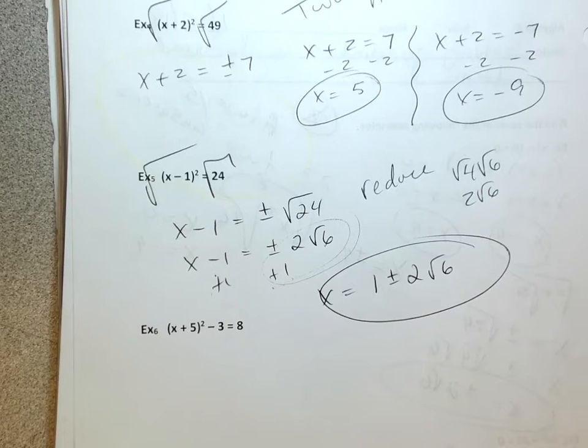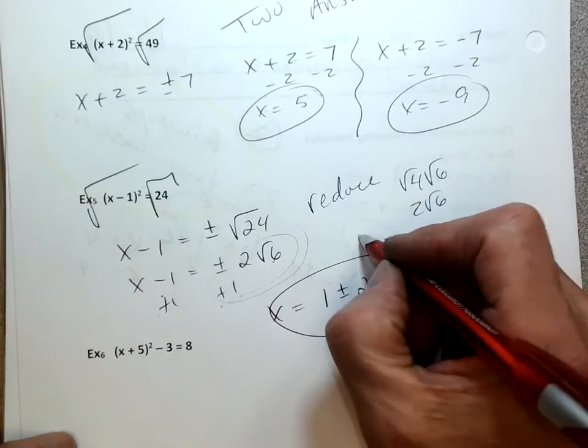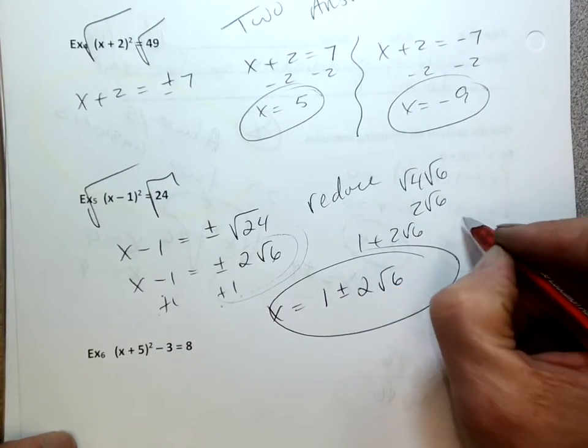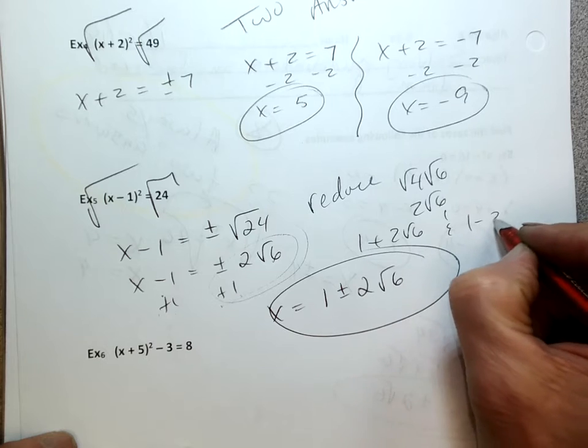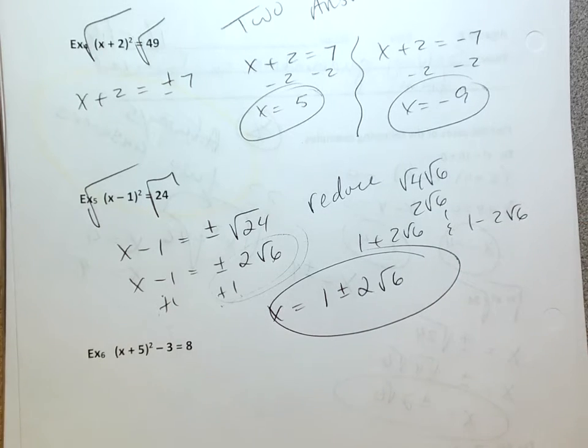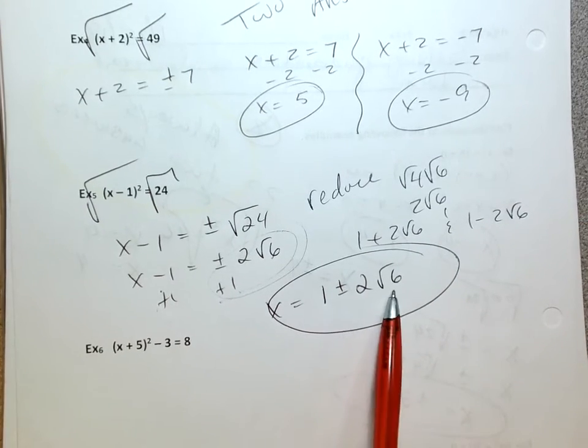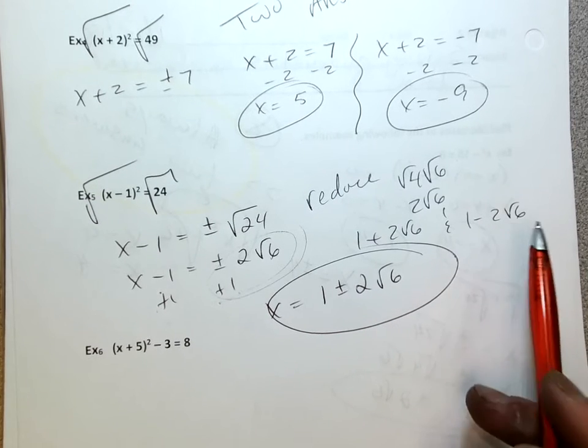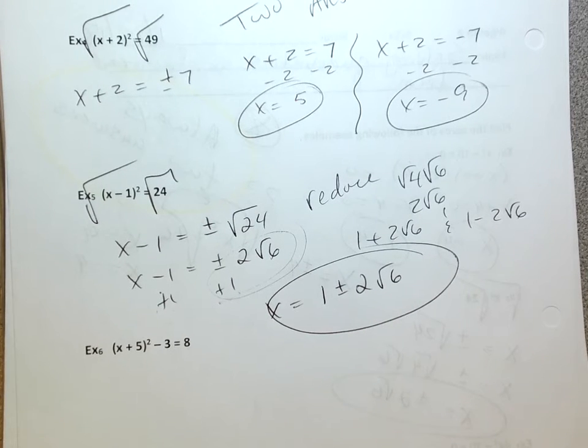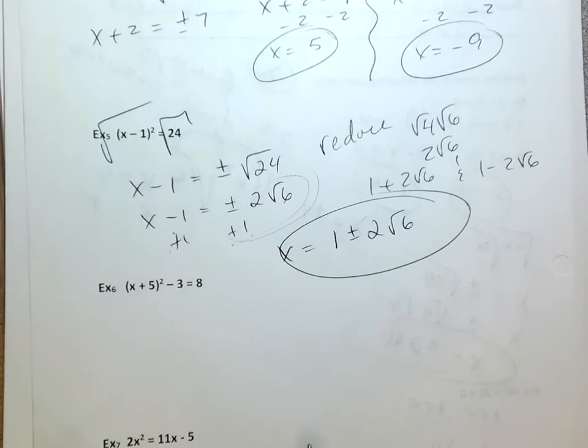One answer, and I'll write off the side, you don't have to write this, is really 1 plus 2 square roots of 6, and the other answer is 1 minus 2 square roots of 6. Those are my 2 answers, but it's easier to write it as 1 plus or minus because it shows both answers squished, compact, instead of having to write it out, okay? Thumbs up so far? Okay, good. Okay, example 6.